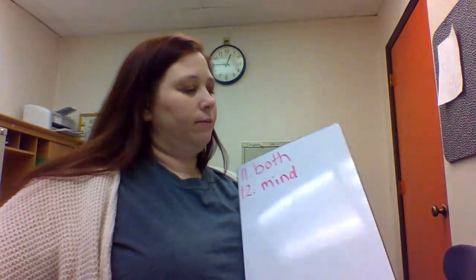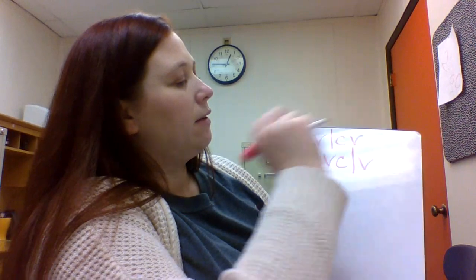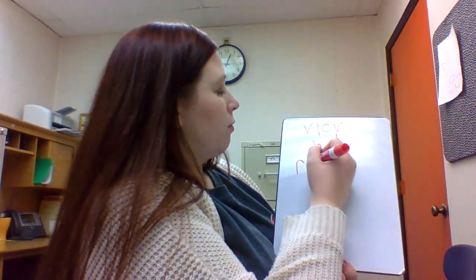All right. Next, we're going to learn a new rule. We learned the vowel, consonant, vowel. Today we're going to learn vowel, consonant, and then accent, and then vowel. So we're going to learn this with the word robin.